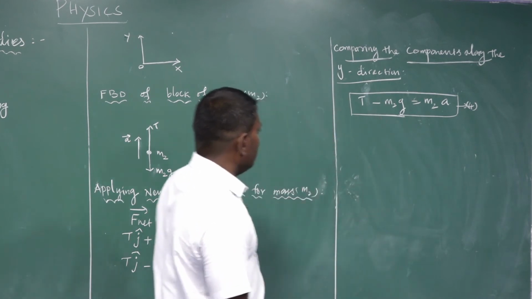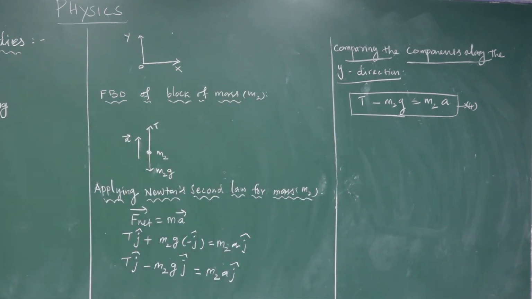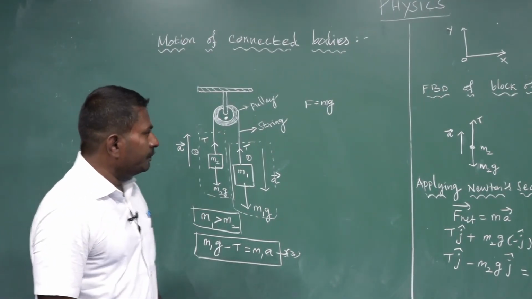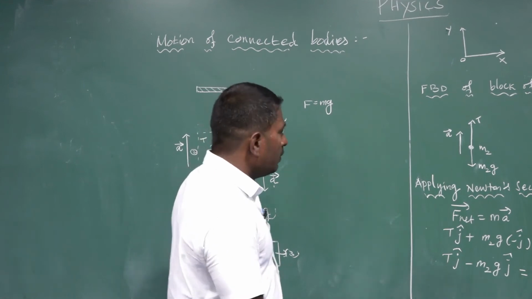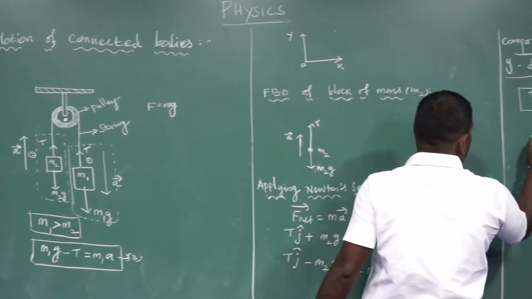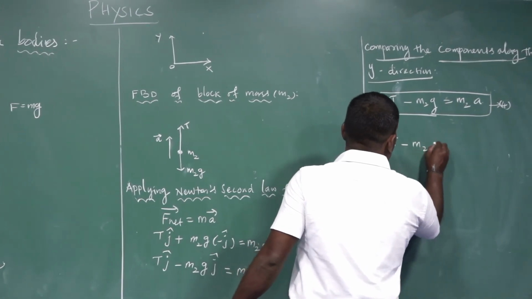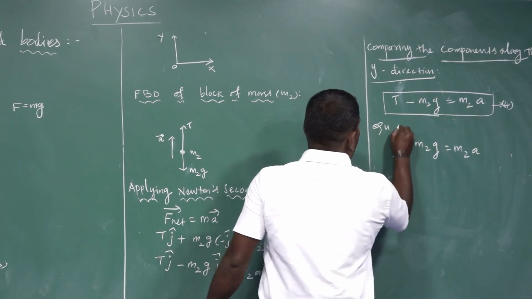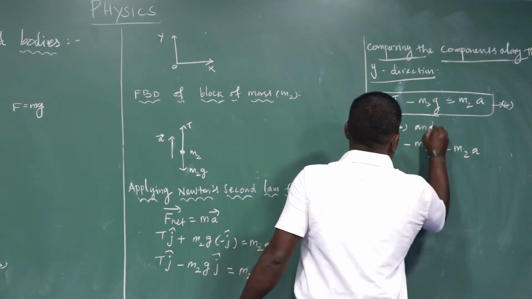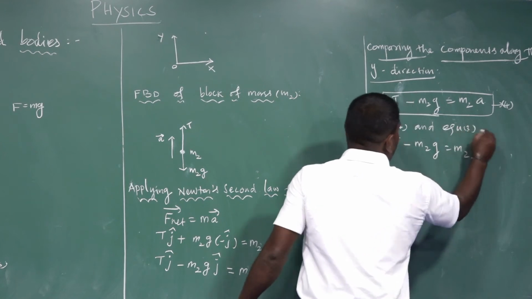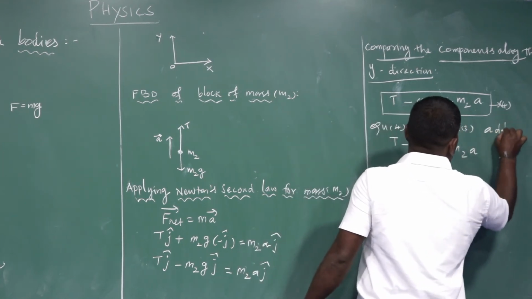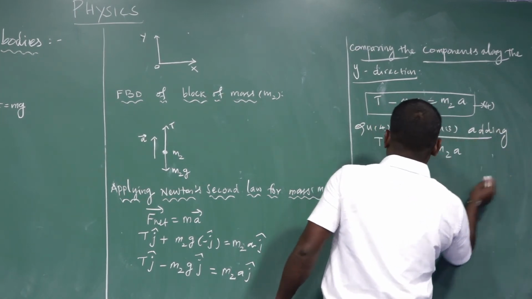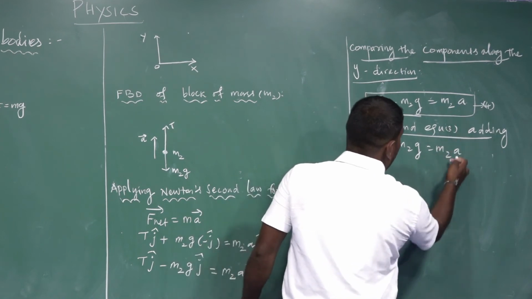See, equation number 4 and equation number 3, both the equations are added together. Equation 4: T minus M2G is equal to M2A.